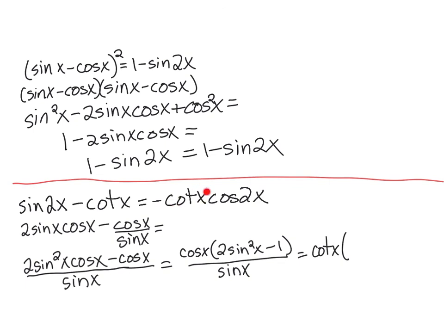Notice that I needed a cotangent, but this is cosine of the double. It looks like this, but it's supposed to be 1 minus. Well, looky there. There's a minus sign right there. So at this point right here, I'm going to pull out a minus sign. It's the negative of 1 minus 2 sine squared.